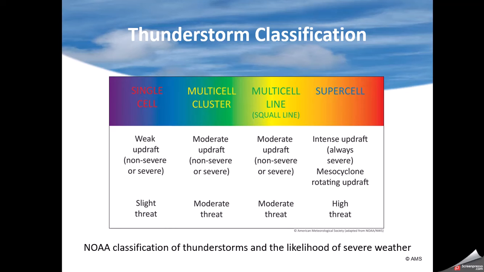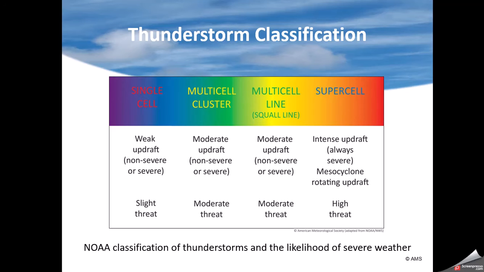We get multi-cluster storms where you have several thunderstorms together and they're kind of working together to keep themselves growing. You'll find thunderstorms in different parts of development in a multi-cell cluster. Some will be just forming, some will be at the mature stage, some will be at dissipation.